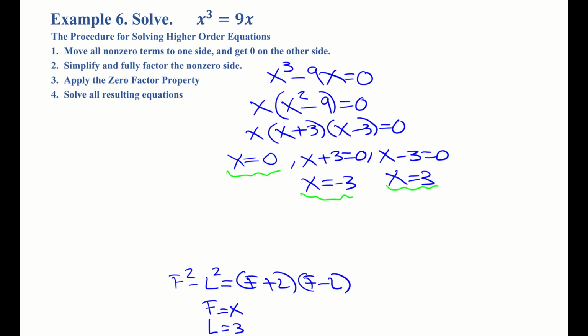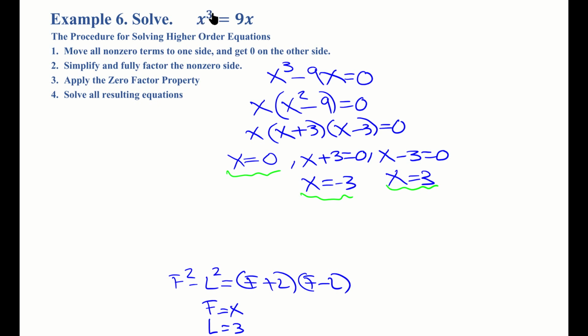All right, so when we write the solution set here, which is of course actually easy to check, right? Look, plug in 0. What happens? You get 0 cubed, which is 0. 9 times 0 is 0, so you get 0 equals 0. Plug in negative 3, so you get quantity negative 3 cubed.